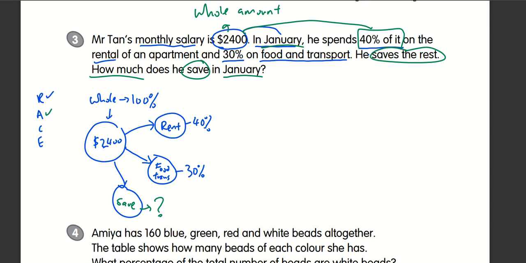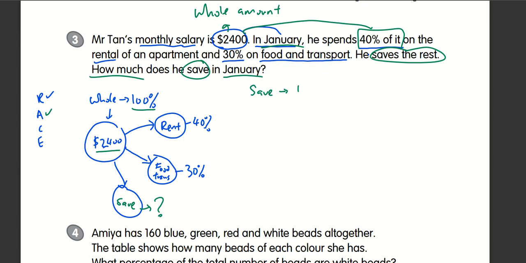Okay, so over here, we don't have the amount that is saved. This is the amount that you're being asked, and you don't have the percent. But you have the key information about where did the rest go. So the amount that was saved, what percentage of the whole of $2,400 was saved?